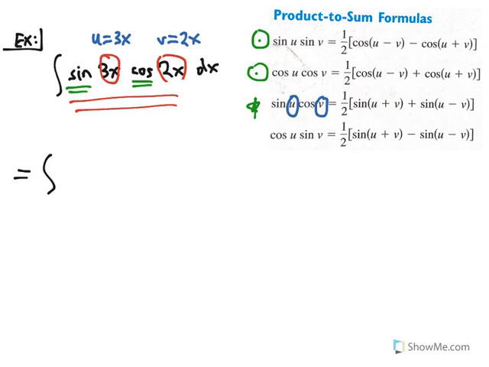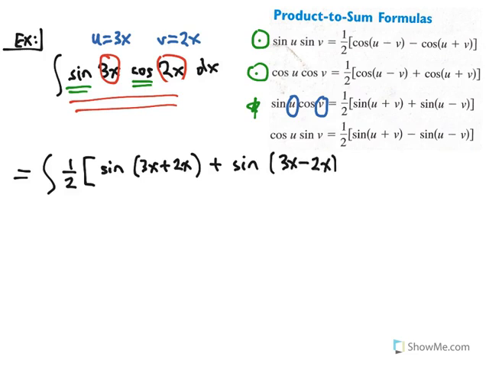So now we will just rewrite using our product to sum formula so that our integrand will become 1/2 times sine of u plus v, so sine of 3x plus 2x, plus sine of u minus v, 3x minus 2x. And then we close the brackets, and we have dx.